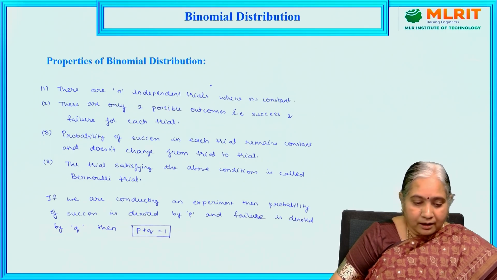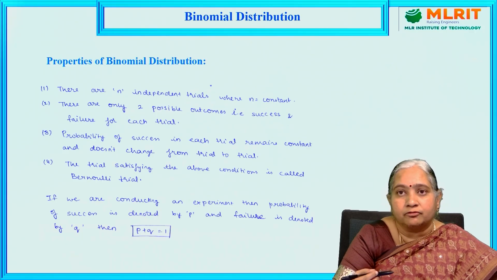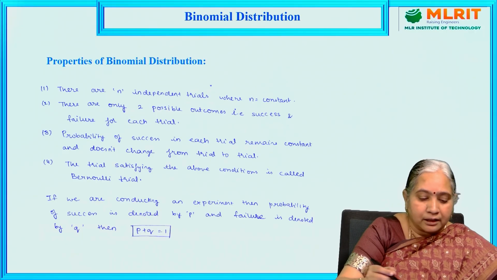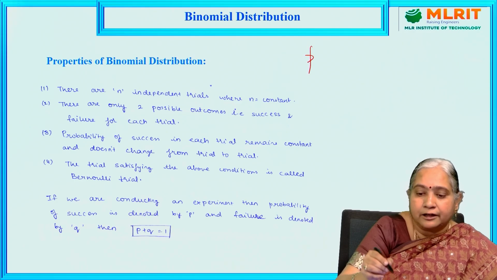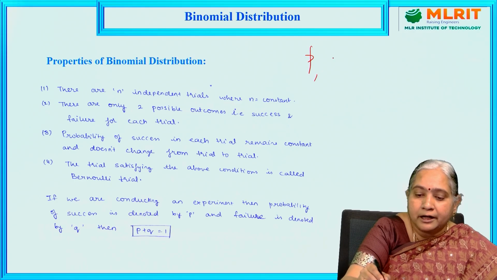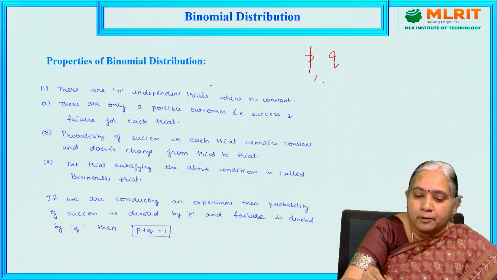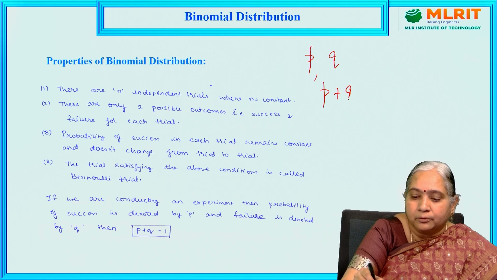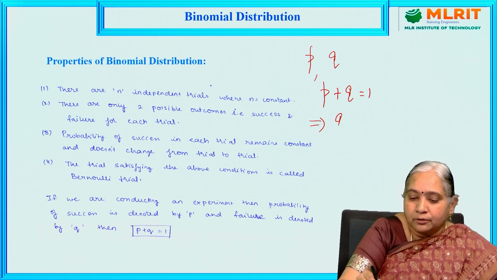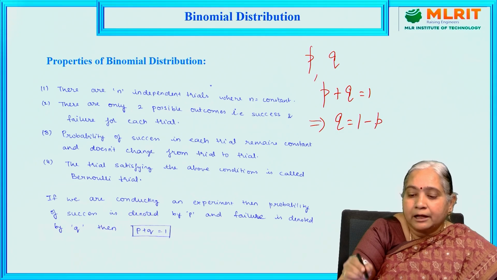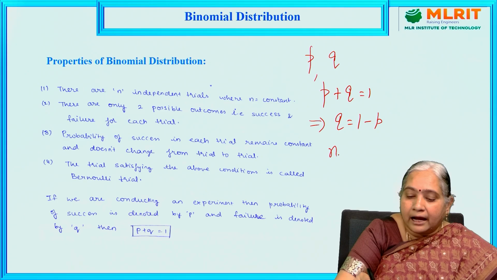Here we have discussed the properties of binomial distribution. The probability of success is denoted by small p and the probability of failure is denoted by small q, and the total probability p plus q equals 1. So q equals 1 minus p. In binomial distribution, the parameters are n and p.